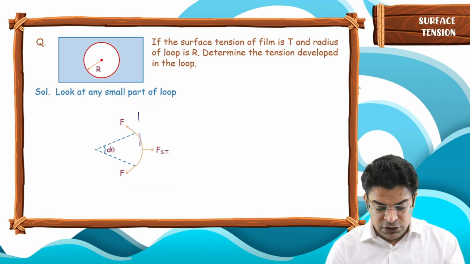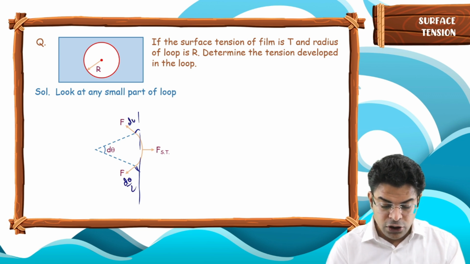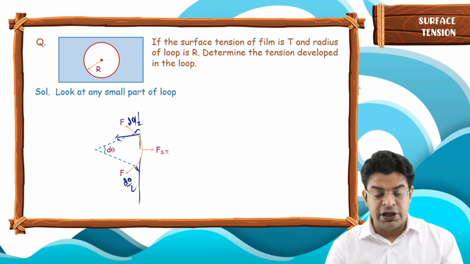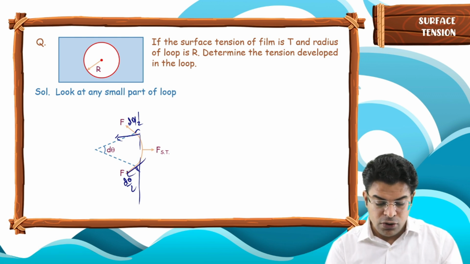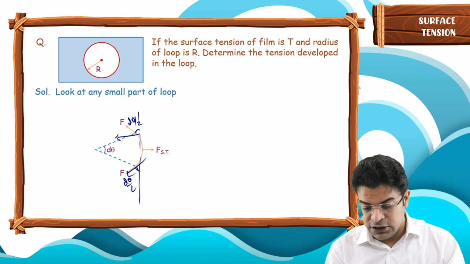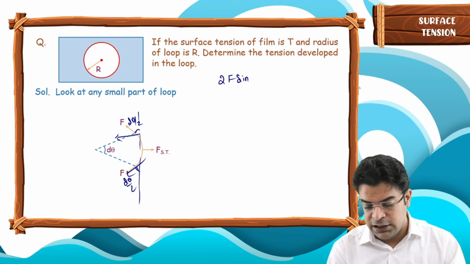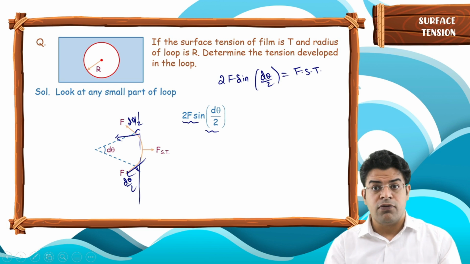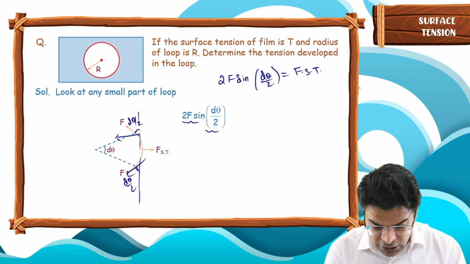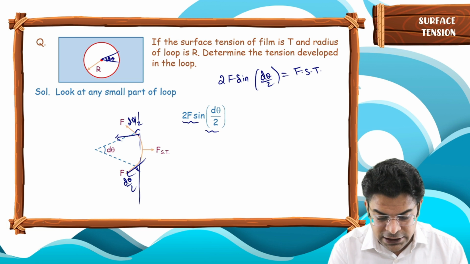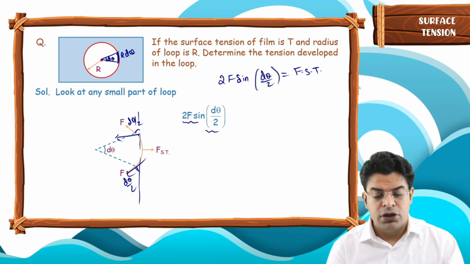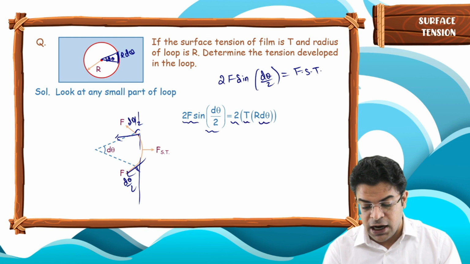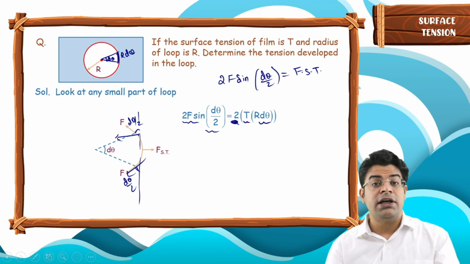So taking the force component of these two forces due to the rest of the loop, their component towards the center will be F sine d theta by 2 and also F sine d theta by 2. So you will say 2F sine d theta by 2 equals the force of surface tension. On this small length subtending an angle d theta, the length will be r d theta. The force of surface tension will be 2T r d theta. So why a 2? Because it has got two surfaces.